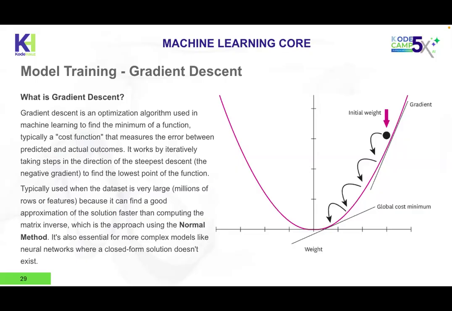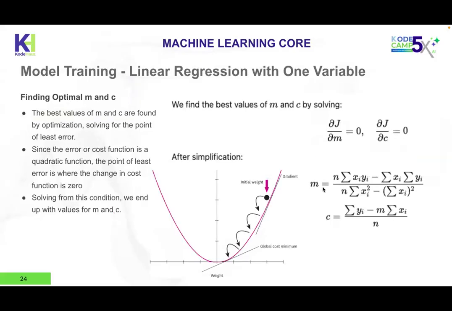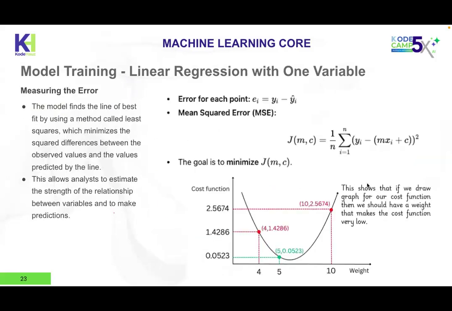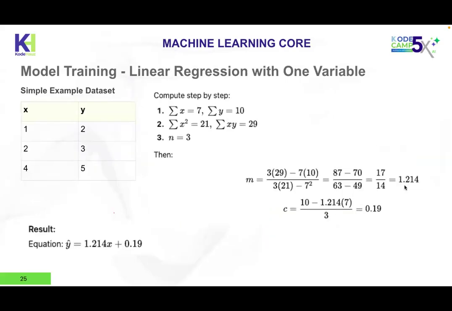And to do this, you calculate the gradient of the cost function. You can see that when we were doing the analytical method, the normal method, we actually did take the gradient and we found where the gradient is 0. And then we reversed the subject of the formula and we calculated the parameters.